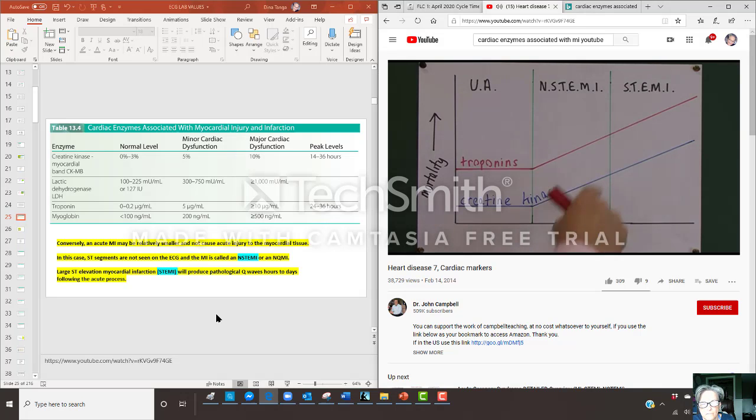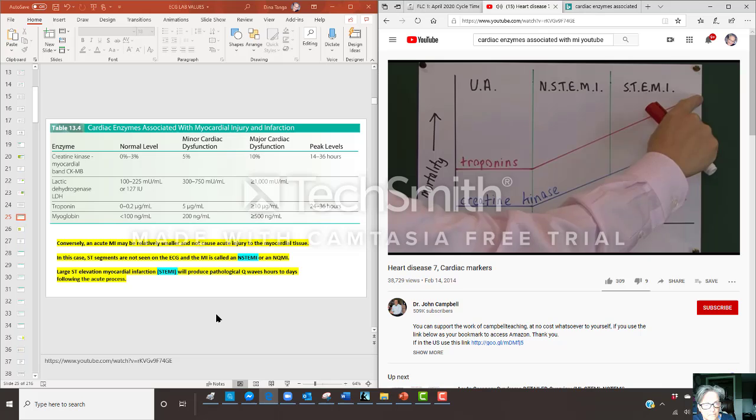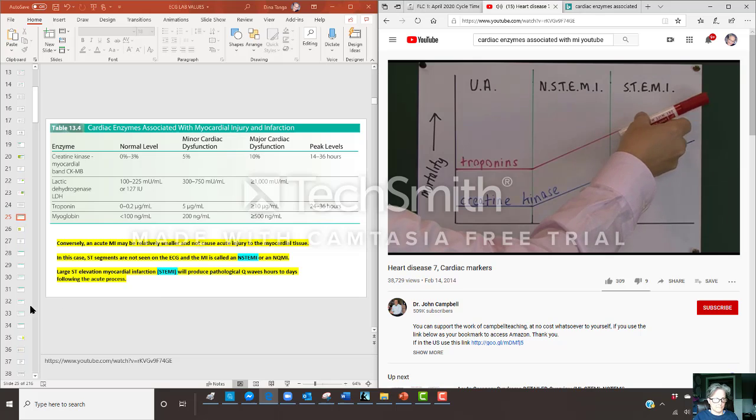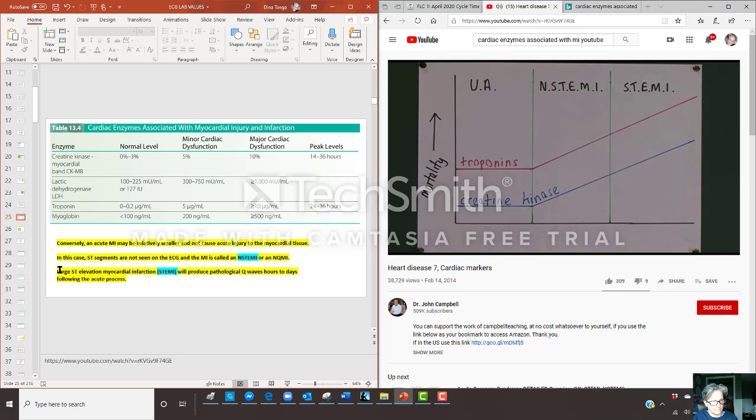But then we get even higher levels with STEMI. And of course in STEMI we're going to get the ST elevation as well, but increasing levels. And the greater the amount of myocardium that is infarcted, the higher the levels of troponin that we're going to see. So troponins are a very useful test.